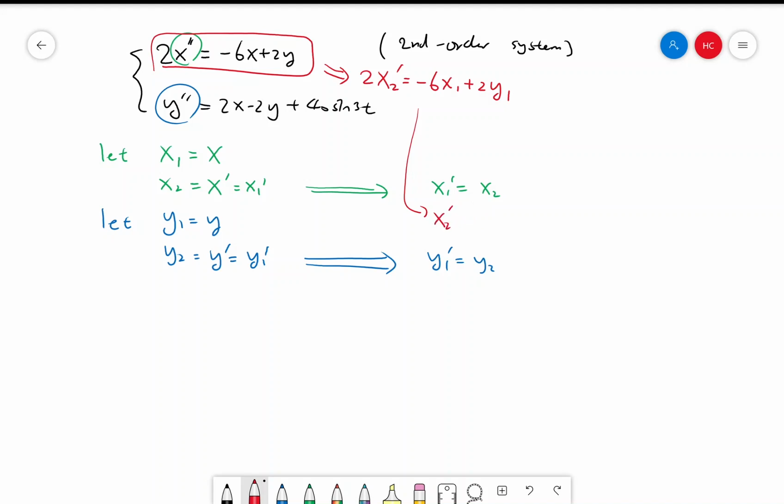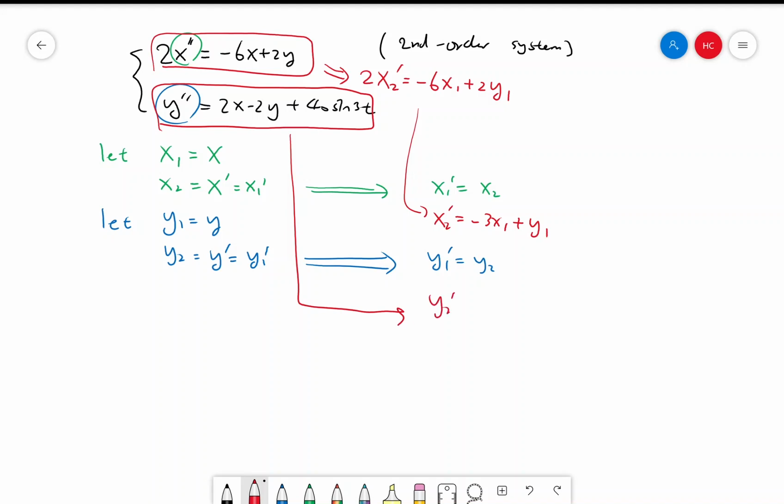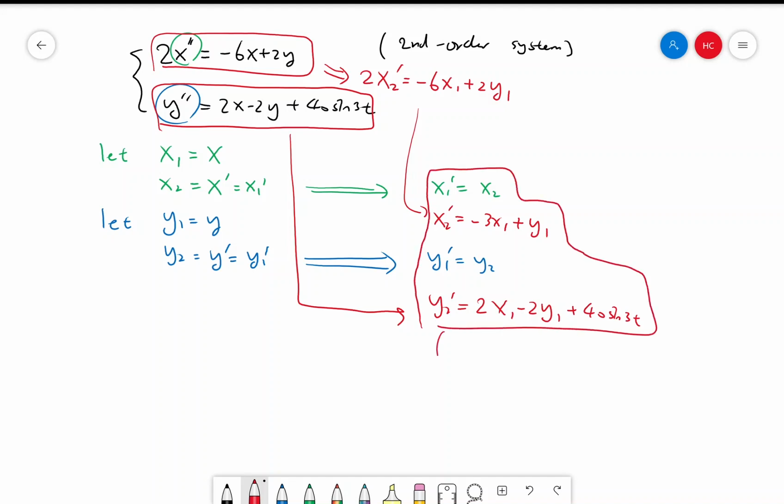So x2 prime is negative 3x1 plus y1. Same thing with the other equation: y double prime is y2 prime and equal to 2x1 minus 2y1 plus 40 sine 3t. So now this is a first order system after conversion.